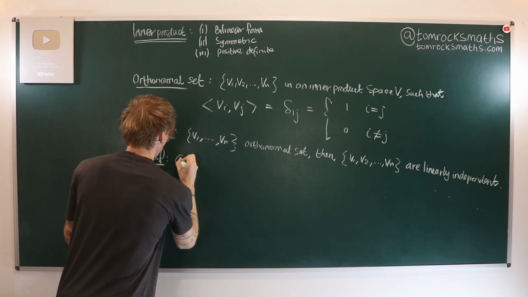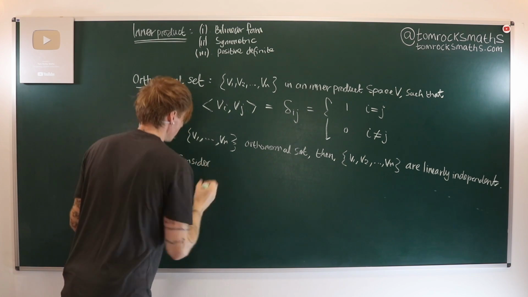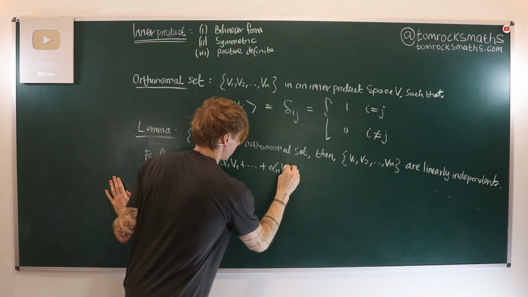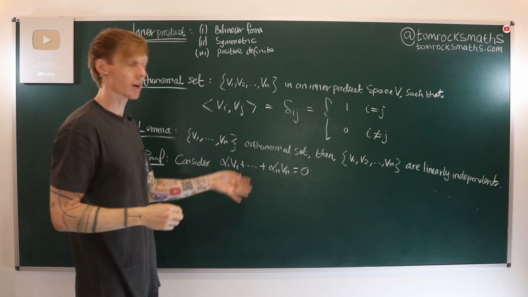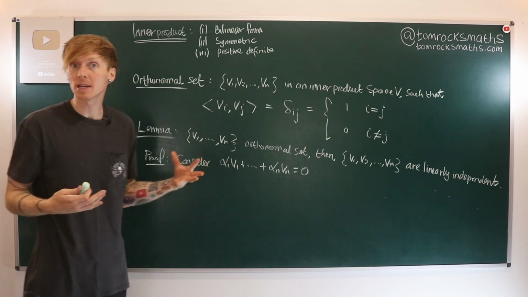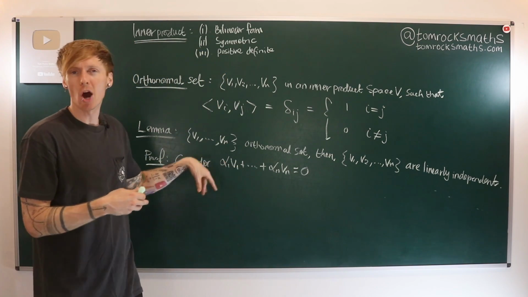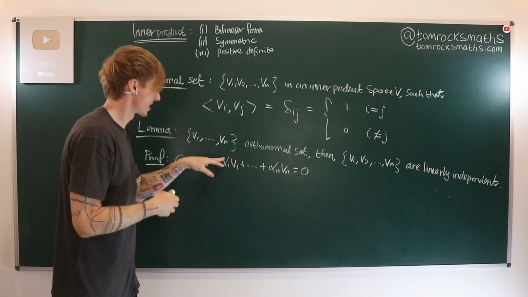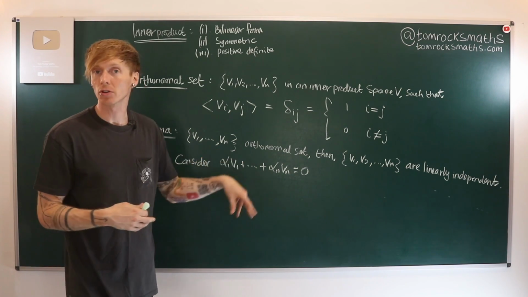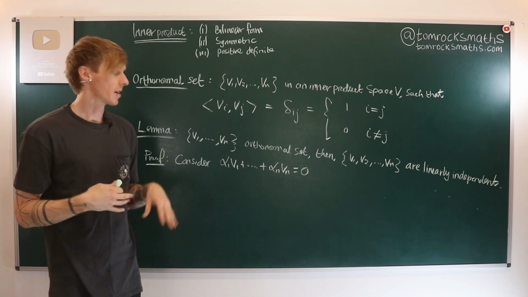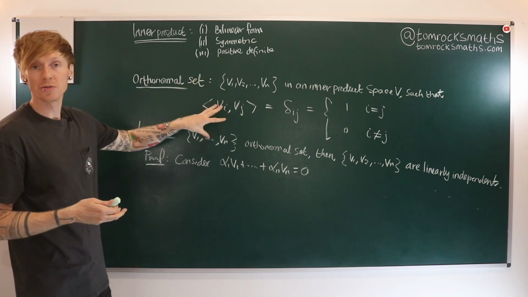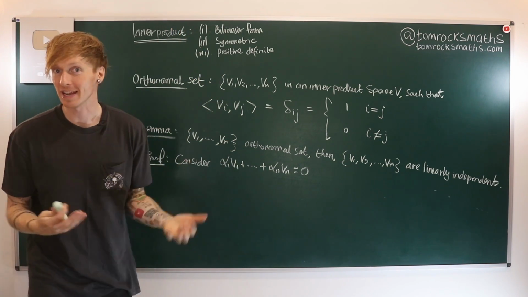So we consider alpha 1 v1 plus ... plus alpha n vn, and we suppose we can create such a combination equal to 0, where some of these alphas could indeed be 0, but our goal is to show that the only way this can hold is if all of the alphas are 0. If we can show that alpha i is 0 for all i, then we can conclude that we have linear independence. So we clearly need to use orthonormality, and we're obviously going to have to take some inner products.